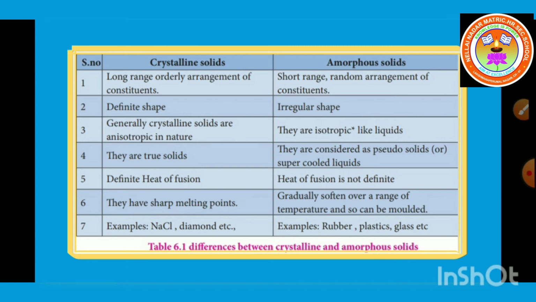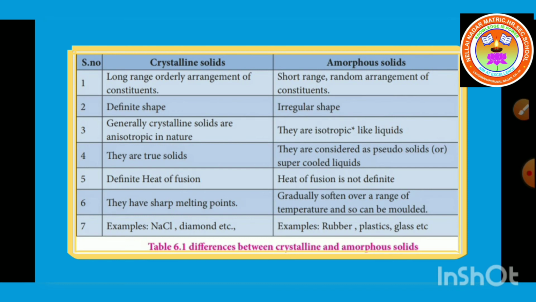What is the second point in crystalline solids? It is definite shape, but in amorphous solid, irregular shape. Third point: generally crystalline solids are anisotropic in nature. What is the third point in amorphous solids?